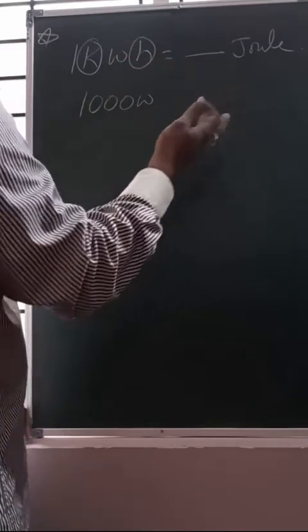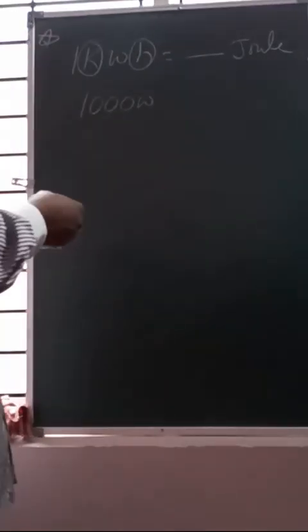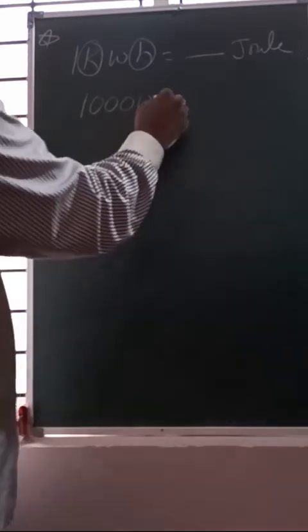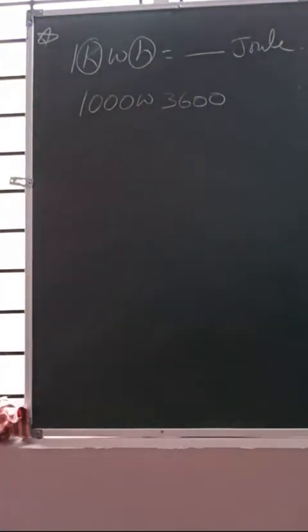Hour, how many seconds? For a minute, 60 seconds. For an hour, 60 minutes. So total seconds per hour is 3600 seconds.